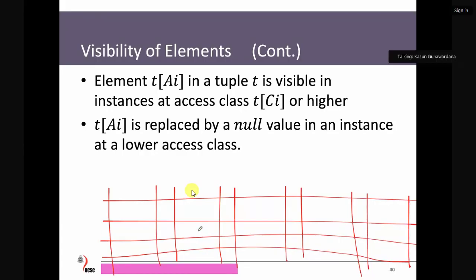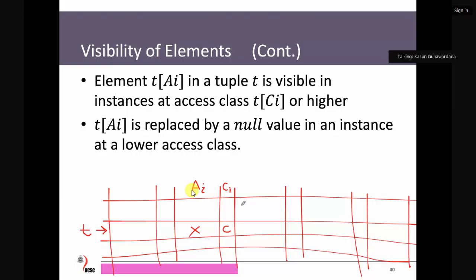So let's say the value stored here is X, and its classification level is confidential, right? So this is the tuple T. This is attribute Ai, and this is Ci, right?